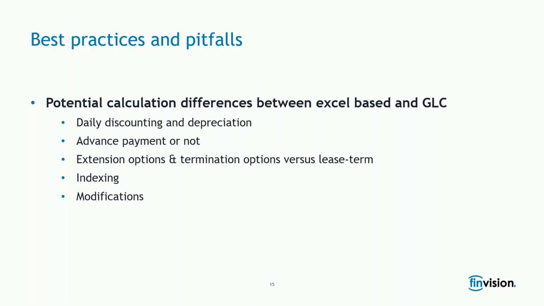There was no consideration for indexing, which, like Burak has shown in the settings, you can perfectly automate for all the indexing of the payments. And I think Excel is also very difficult to do correctly with modifications, how a modification needs to be accounted for, certainly at a certain effective date in the future.